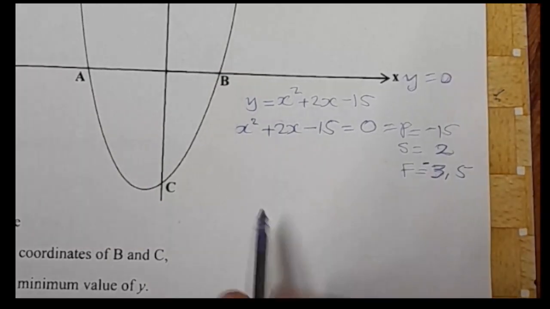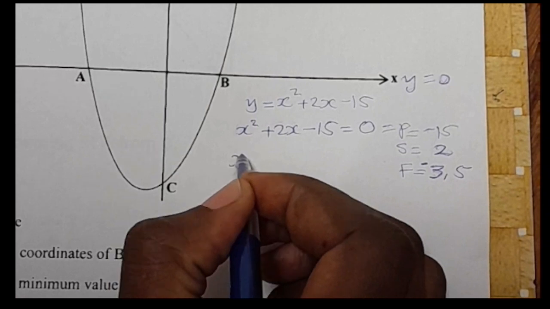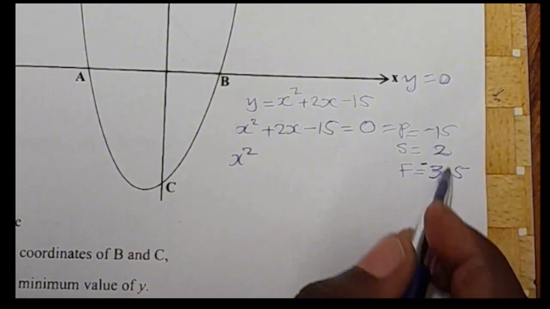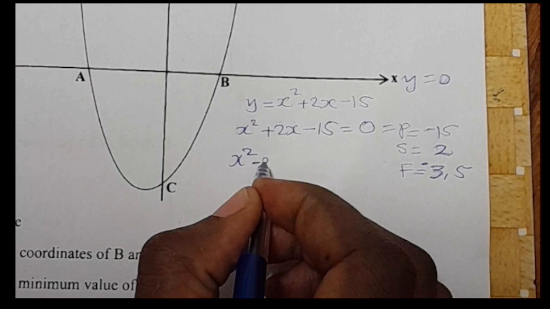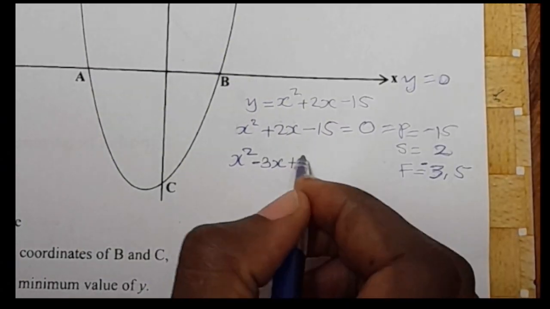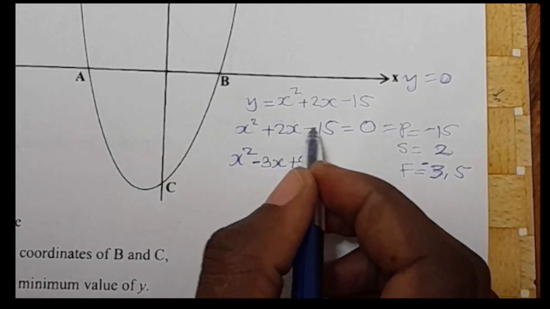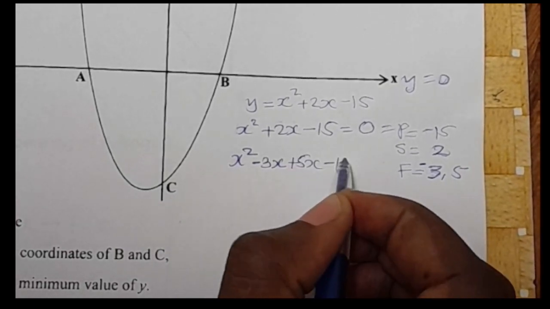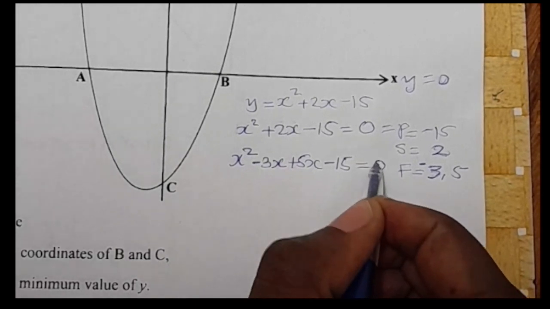So with that, we're going to say x squared, then minus 3x, then plus 5x, then minus 15 is equal to 0.